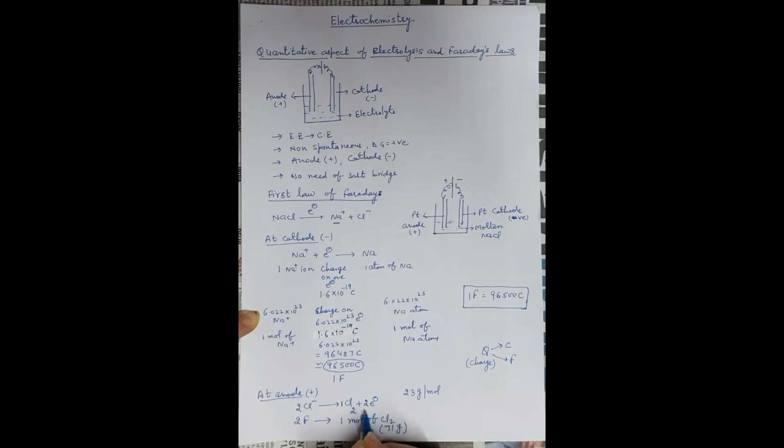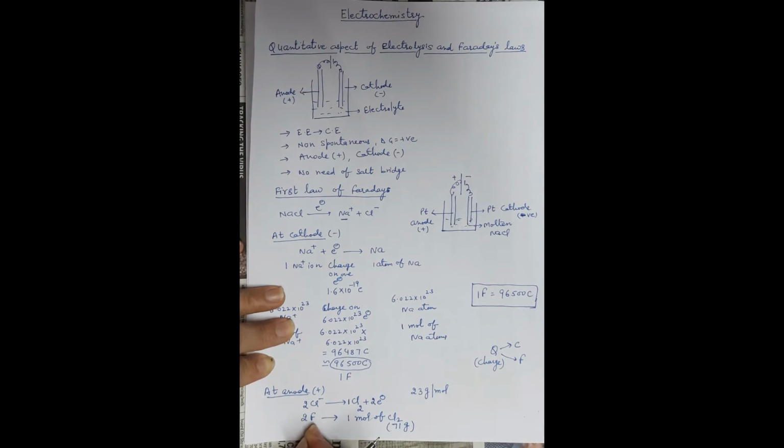I'll say 2 Faraday, or 2 into 96500 coulomb, will produce 1 mole of chlorine gas, and its molar mass is 2 into 35.5, which is 71 grams. So in order to produce 71 grams of chlorine gas, 2 Faraday of charge is required.